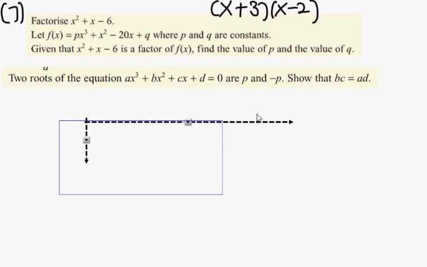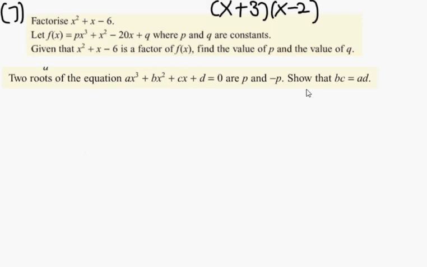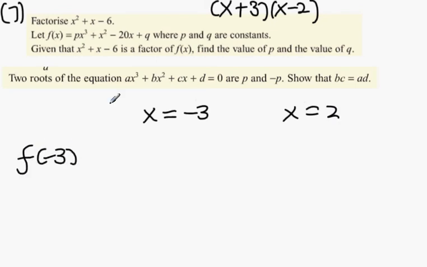What you do is you say, well, if x plus 3 is a factor, then x equals minus 3 is a root, and so is x equals 2. That means that f of minus 3 must equal 0. It has to equal 0. Therefore, replace all x's with minus 3's.